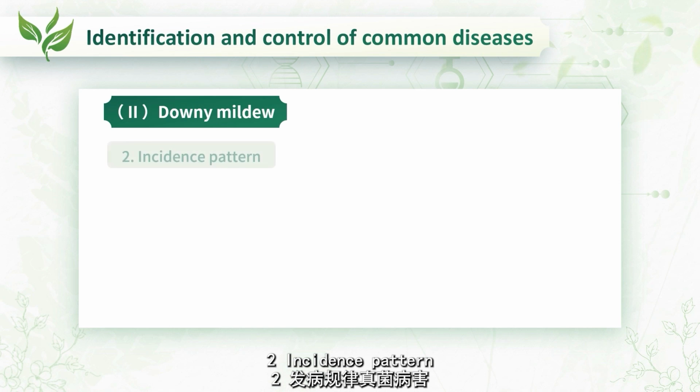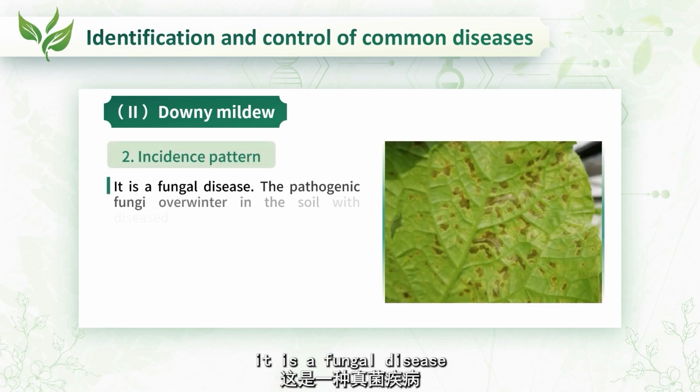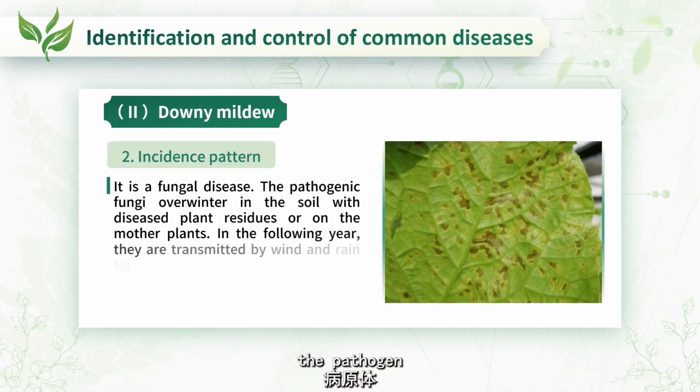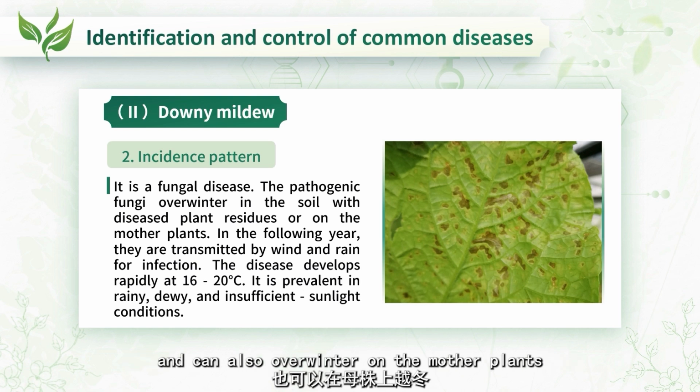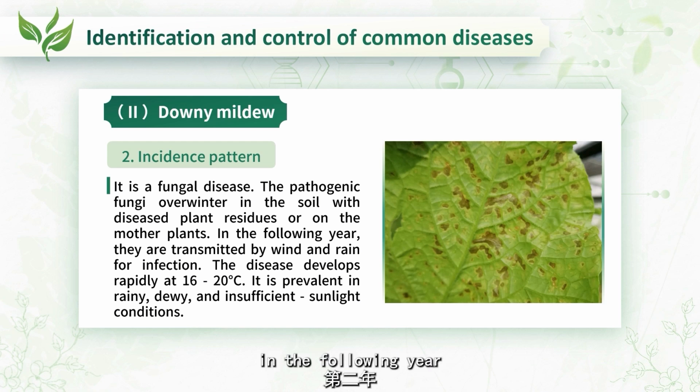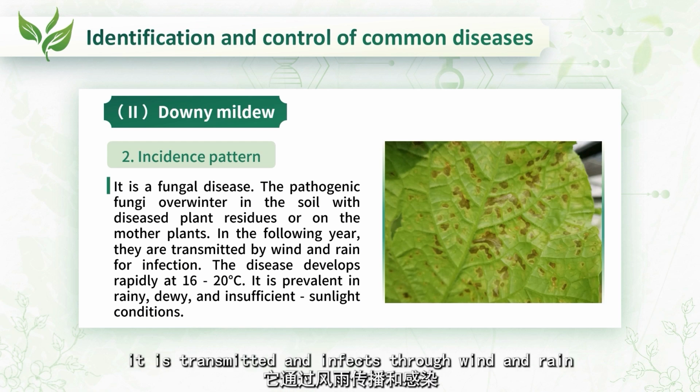2. Occurrence pattern. It is a fungal disease. The pathogen overwinters in the soil with diseased plant residues and can also overwinter on the mother plants. In the following year, it is transmitted and infects through wind and rain.